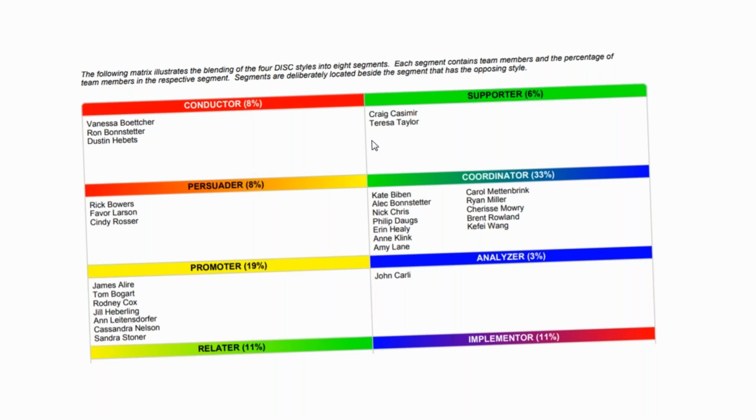As I said, this group has a larger number of promoters and coordinators than other organizations or other teams. And by looking at this, you can tell, well, gee, 33% are coordinators. So these are office type people who are comfortable handling the details and the administrivia of running the office.